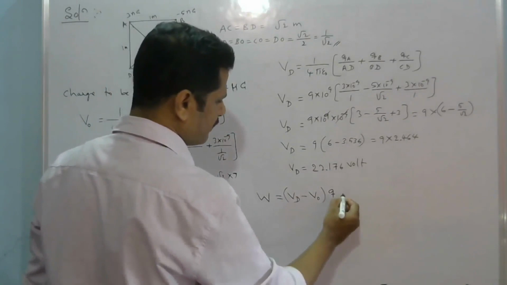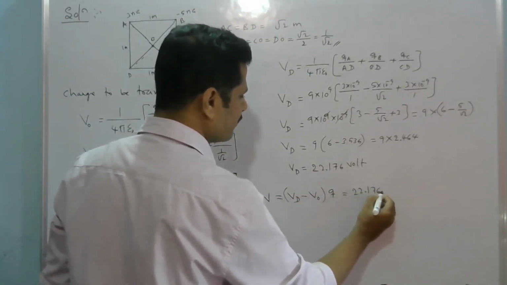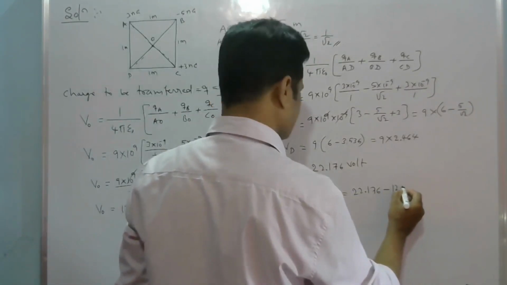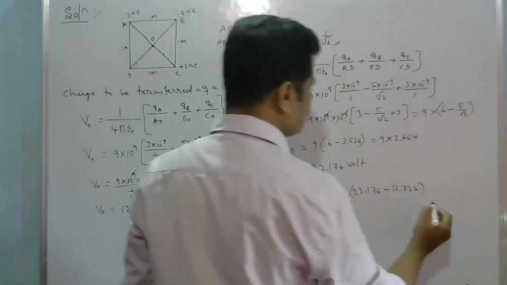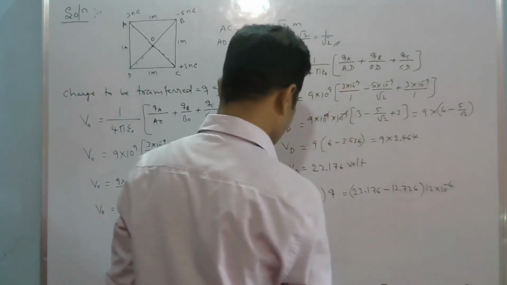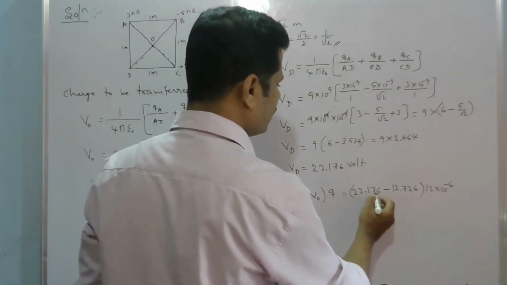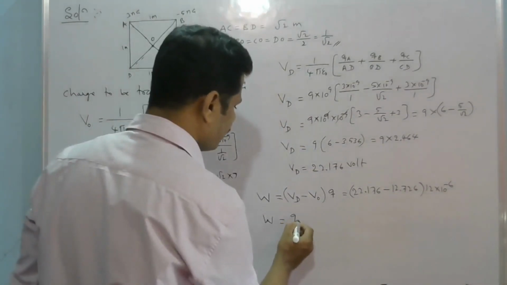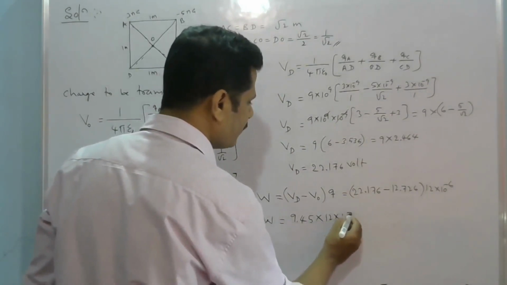Now substituting the values, VD equals 22.176 minus VO equals 12.726, into the charge to be transferred, 12 microcoulomb. On simplifying, 22.176 minus 12.726 is 9.45, into 12 into 10 to the power minus 6.